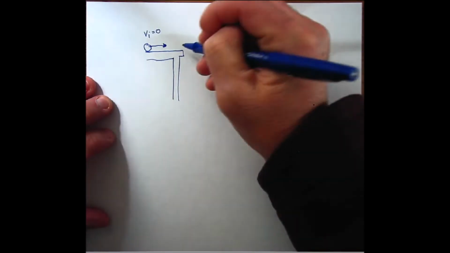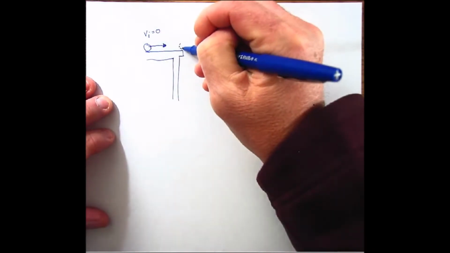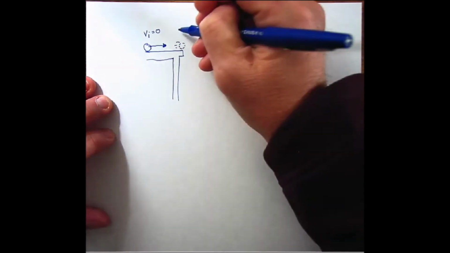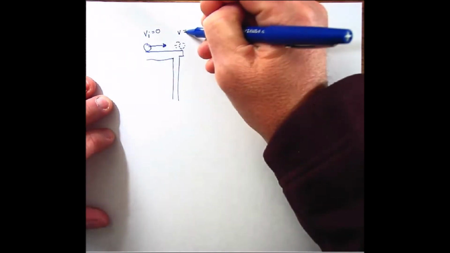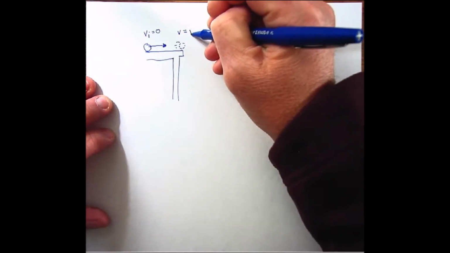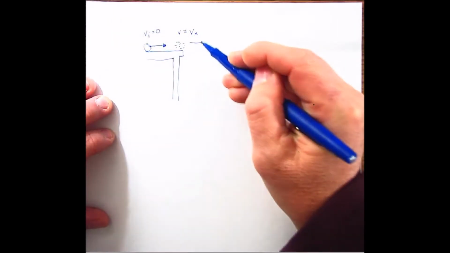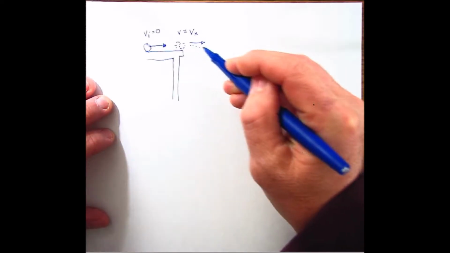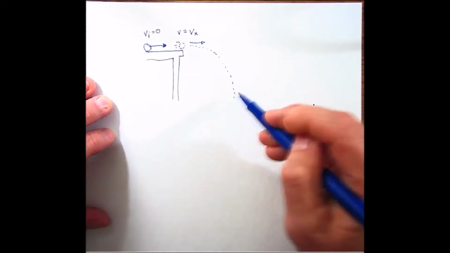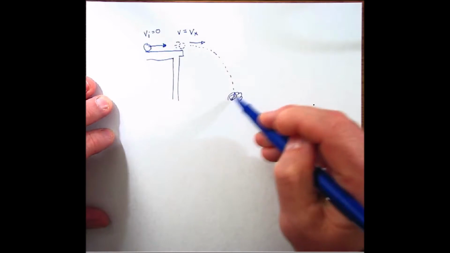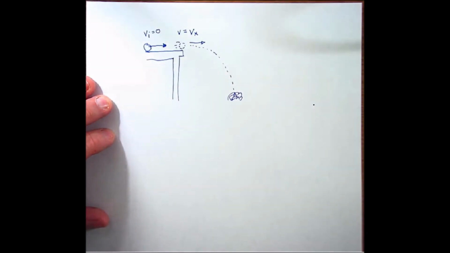By the time that ball gets to the edge of the table, it'll be moving with some velocity, and that velocity at the end of the force we will call the velocity in the x direction for the trajectory, and then it will take off in this trajectory, and it will come down to the ground and end up crashing and hitting the ground down here.